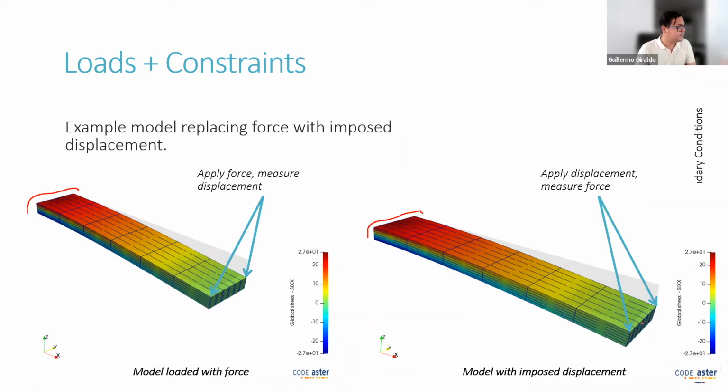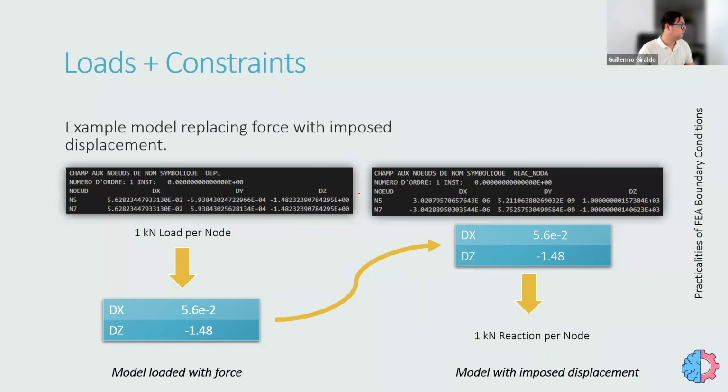So this might seem obvious if you think about it, but that has some very important implications that we will mention in a moment. You can see here that I applied a 1K load per node, and then I measured the displacement in the plane, so dx and dy on the 2 points. You can see here the displacement results on nodes 5 and 7 of the simulation.